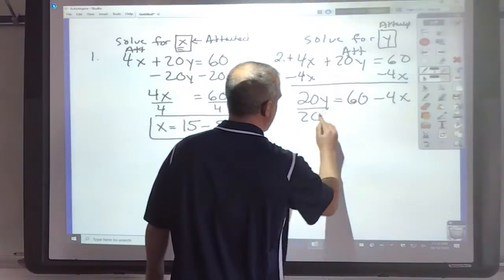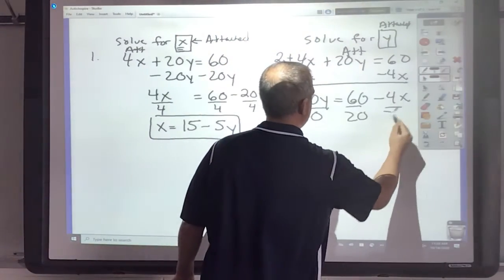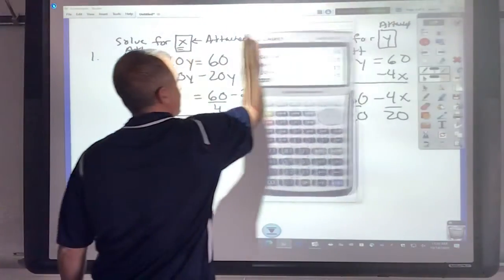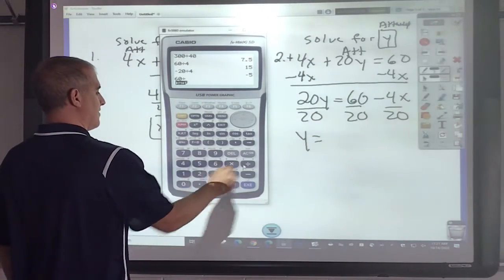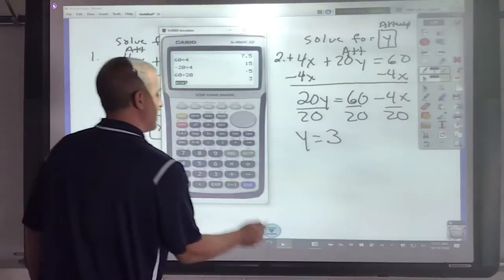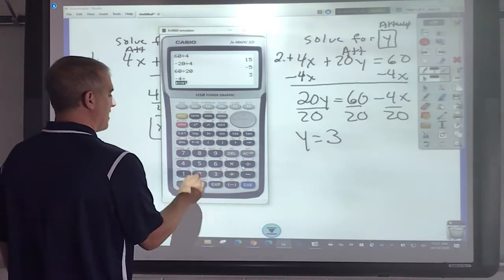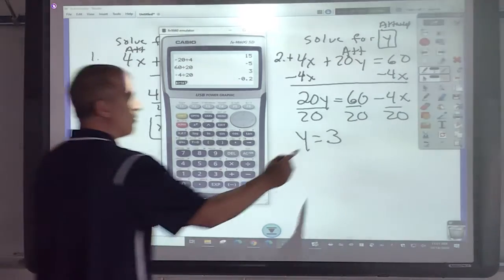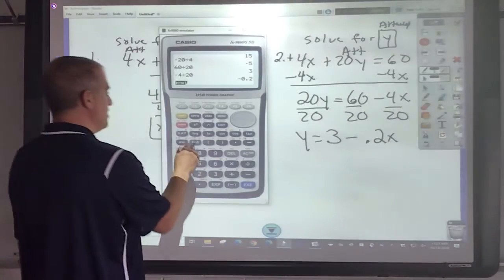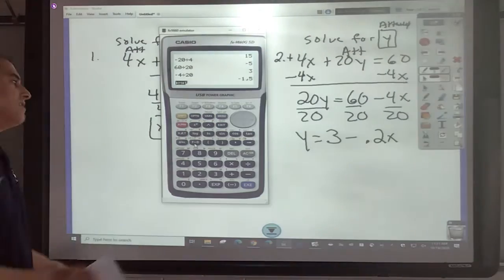How am I going to do that? It's the attached, so I divide by 20. So y equals 60 divided by 20, which is 3. Negative 4 divided by 20 is negative 0.2x. If you want to do a fraction, you could put the fraction of negative 1/5.